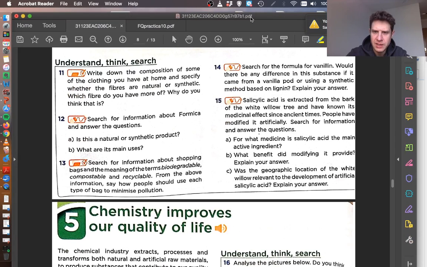What benefit did modifying provide? Explain your answer.